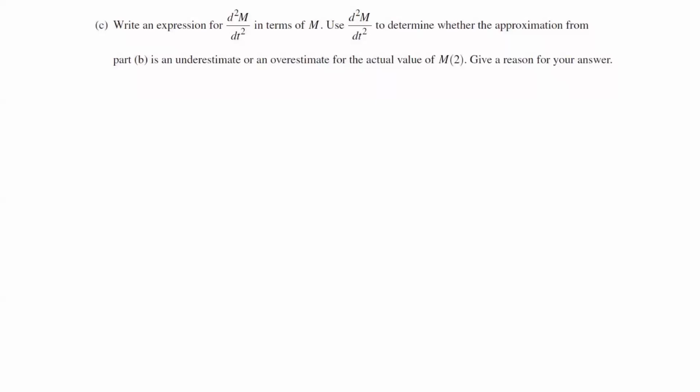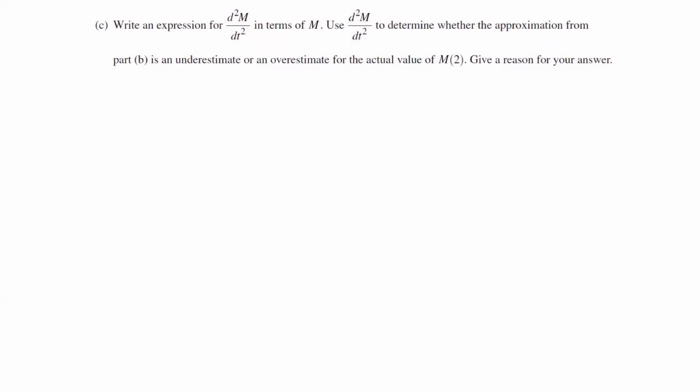For part C, we are asked to write an expression for the second derivative of temperature with respect to time, and then use that derivative to determine whether the approximation from part B was an underestimate or an overestimate for the actual value of m of 2.